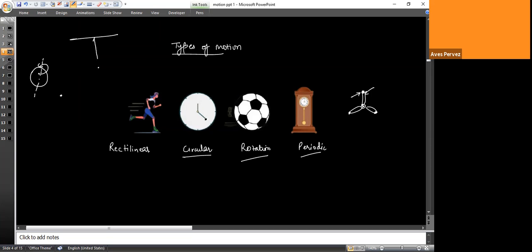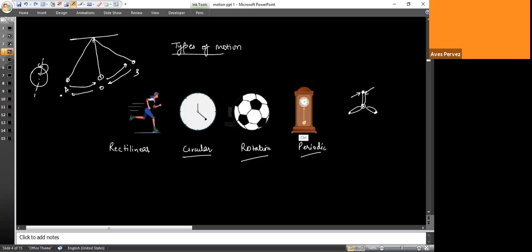For example, this pendulum. If this is A, B, and this is the 0 position, and an object moves from this point to this point, and then again to this point, this will be considered a periodic motion, because of repetition of the movement after a regular interval of time.